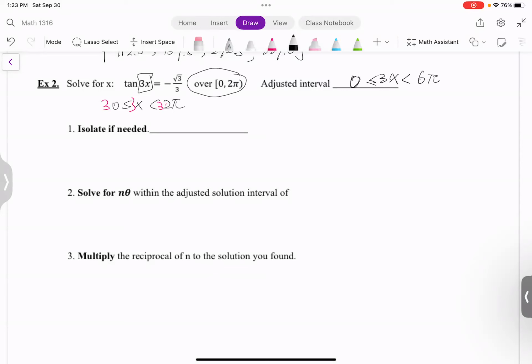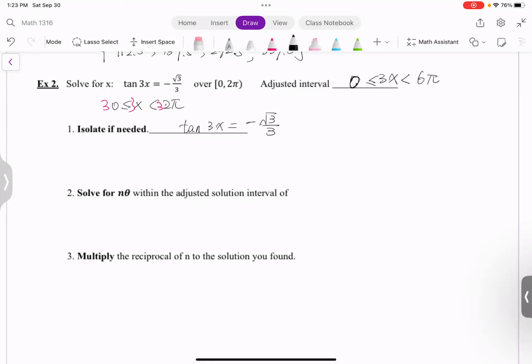Now we are solving for x in the radian mode. So we need to isolate the tangent 3x first. It's already isolated. I don't need to do anything because I have tangent 3x equals negative square root of 3 over 3.